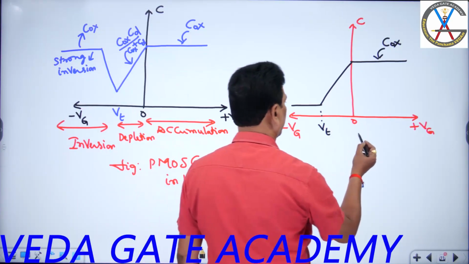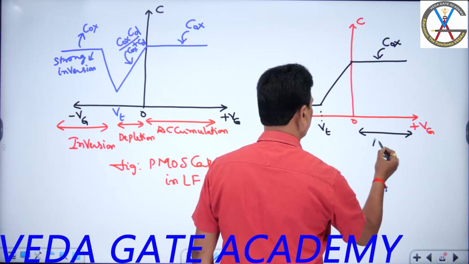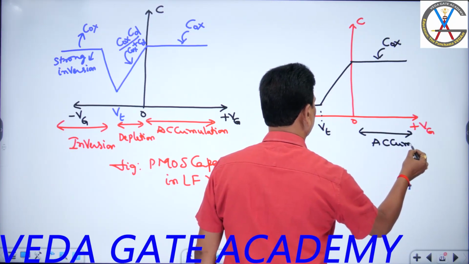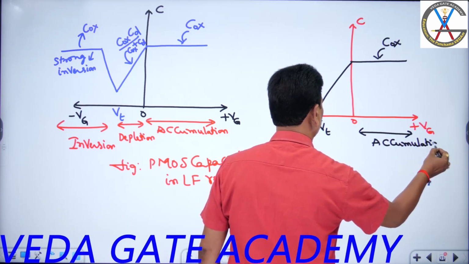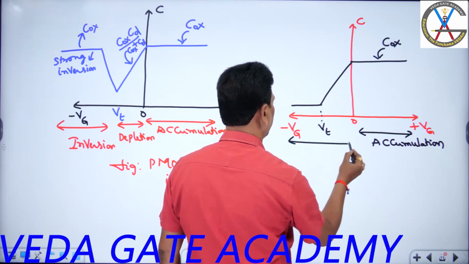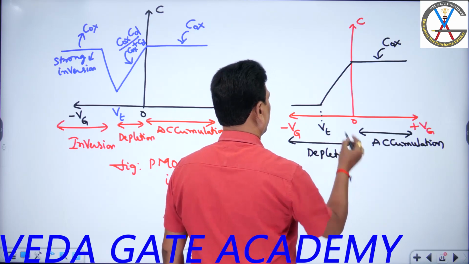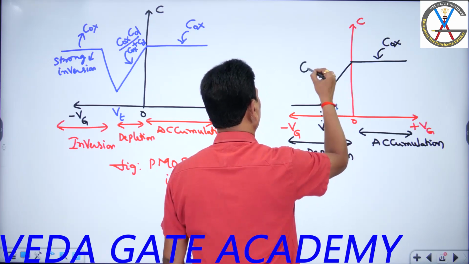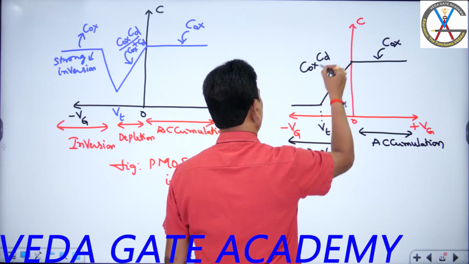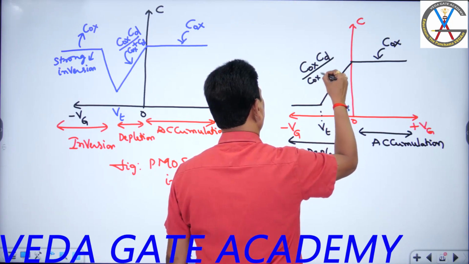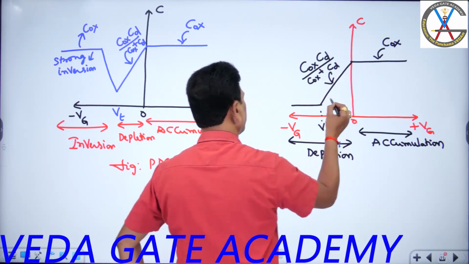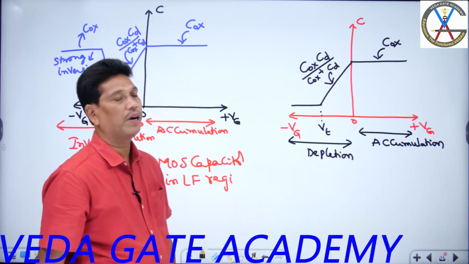So this will be the accumulation mode, and this will be the depletion. Here the capacitance comes from both the oxide and the barrier. The barrier should be effective at high frequency such that the capacitance becomes minimum and constant.